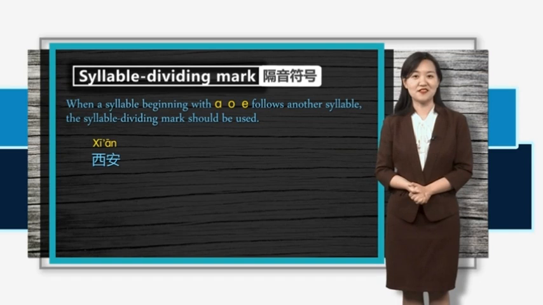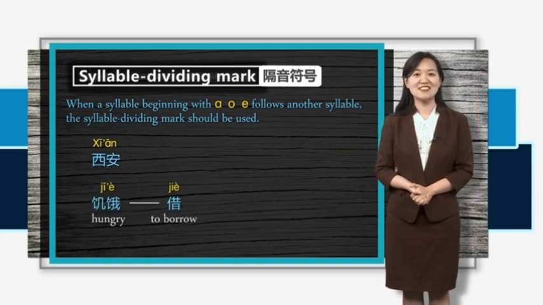Another example, 饥饿 and 借. With the syllable dividing mark, it's 饥饿 means hungry, while without the mark, it's 借 means to borrow.